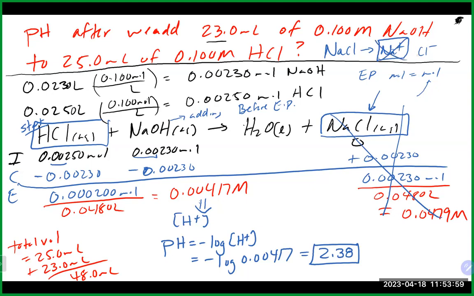So we don't have to worry about it. The Cl minus comes from HCl, which is a strong acid. That also means it's a relatively weak base and will not go through hydrolysis, which also means it's neutral. So we don't even have to worry about sodium chloride in this case, because it should be a pH of 7, which means it won't have an effect on the pH of this solution at this point.